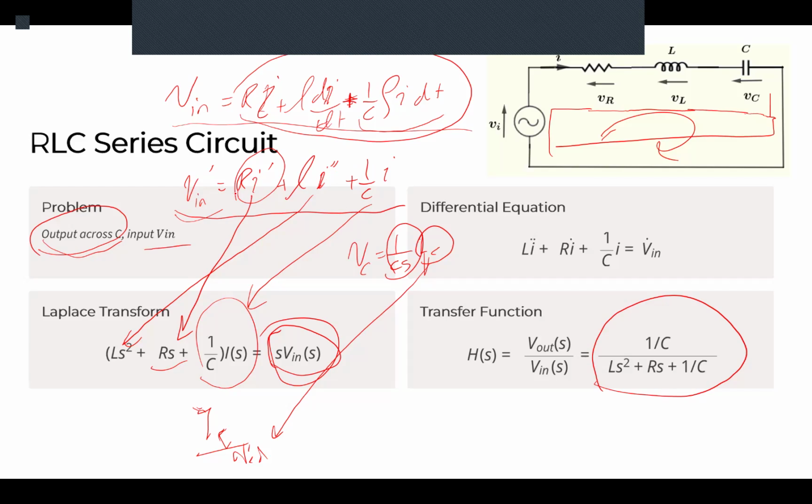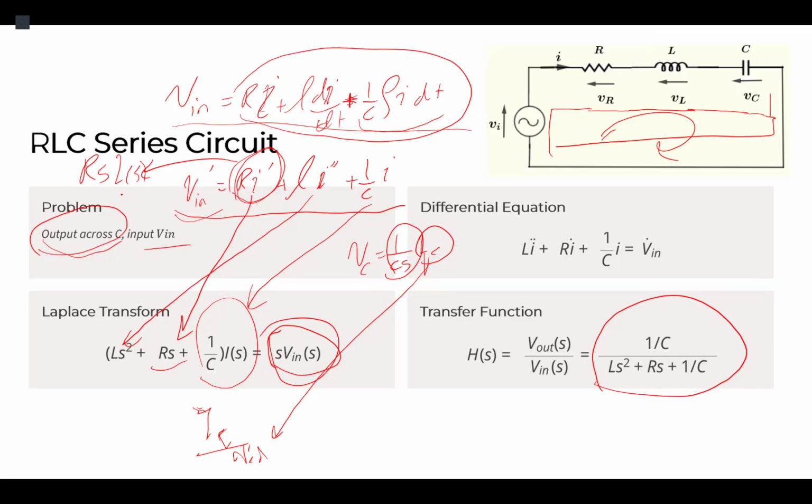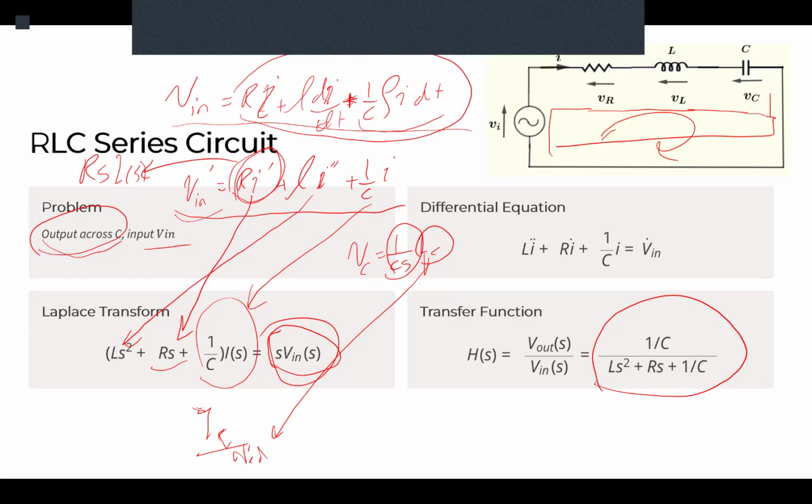What about this one? This one becomes RS times I of S, correct? It's the first derivative. We said each derivative in the S domain means multiplication by S. Now the second derivative is going to be S squared times I(S), and we have an L as a coefficient, so it becomes L S squared times I in the S domain.